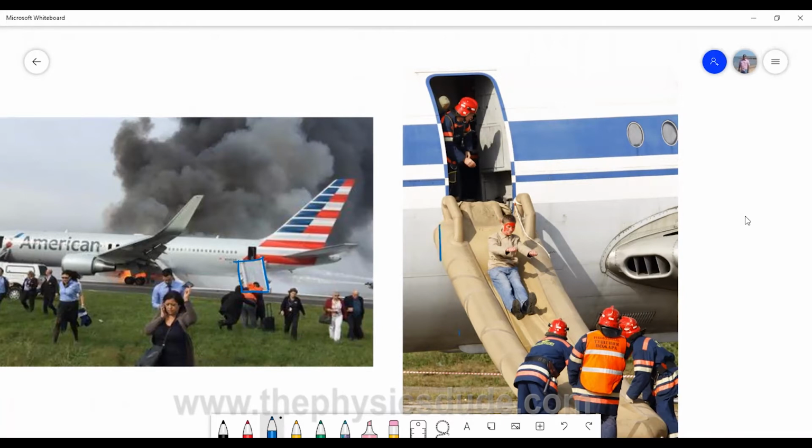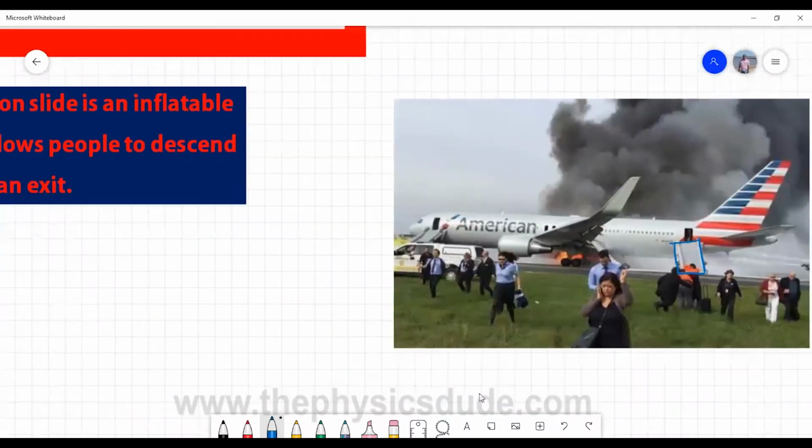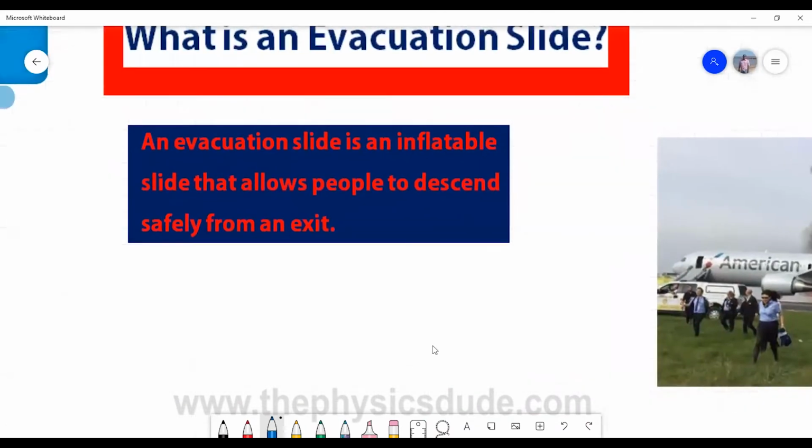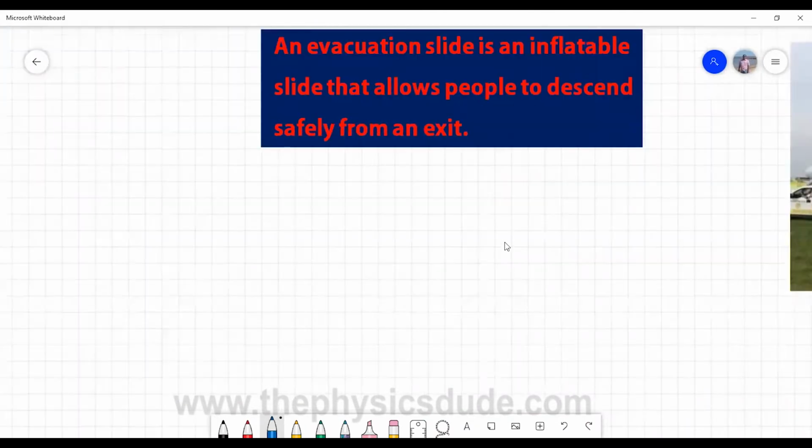So to avoid that, it is easy to evacuate all the people with the help of these slides. And they are inside this door and can be inflated in fractions of seconds. And let's see how they work and how these evacuation slides are a boon in aeroplanes.